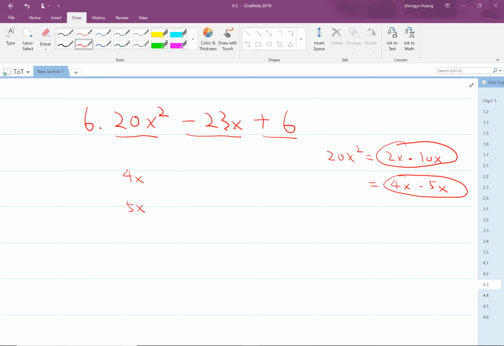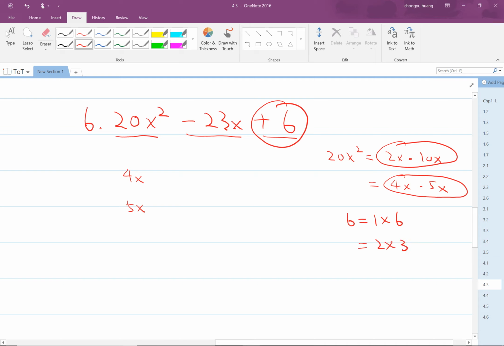So now let's try 4x and 5x first, and then you can see over here we have a 6, right? And you know 6 is actually equal to 1 multiplied by 6, and also 2 multiplied by 3, and then you've got to give it a try, right?